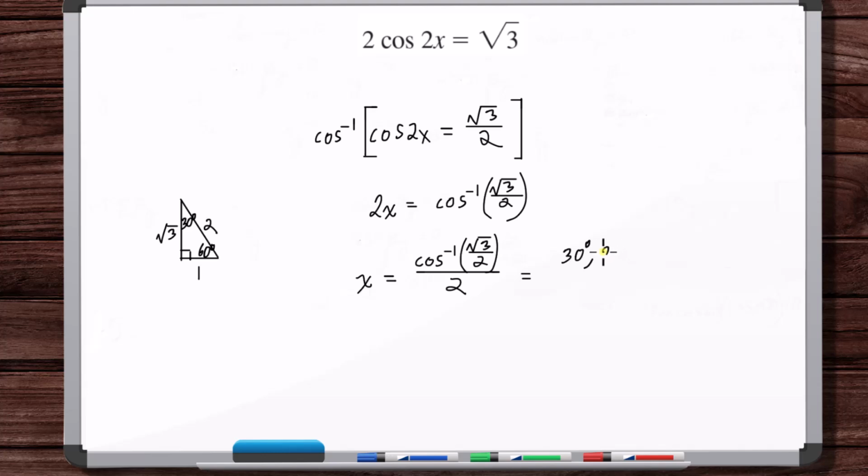That's 330. And now I'm going to put dot, dot, dot, because that includes any angle that's coterminal with these two angles. So if you take 30 or 330 and any angle that's coterminal with either of those two angles, and then divide that angle by 2, then that resulting value would satisfy this equation.